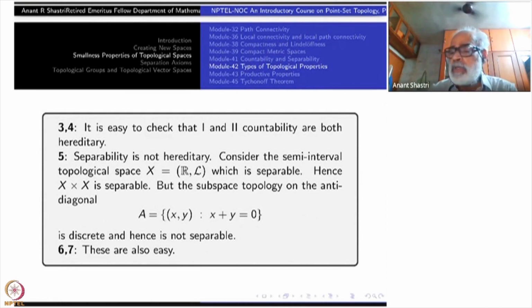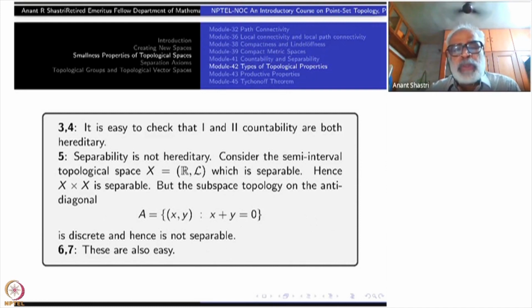Now take a subspace. What are the open sets of the subspace? Take any open set in the original space and intersect it with the subspace. Suppose Y is a subspace of X, and B is a countable base for X. Take any member of B, intersect it with Y, and collect them, that will become a countable base for Y. That's all.